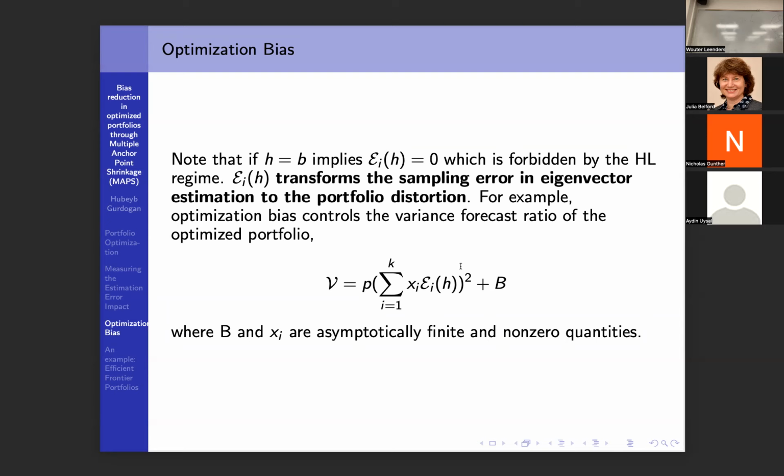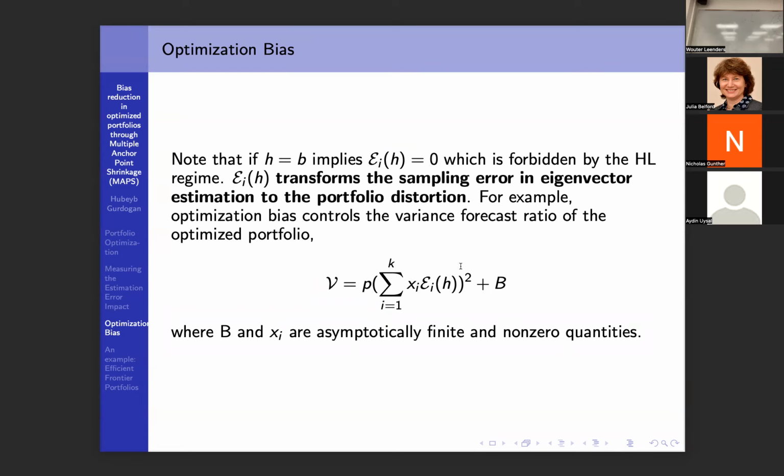All right, so that said, we can say the optimization bias terms are actually transforming the sampling error in eigenvalue estimation into the portfolio distortion. I can illustrate that with this equation over here.